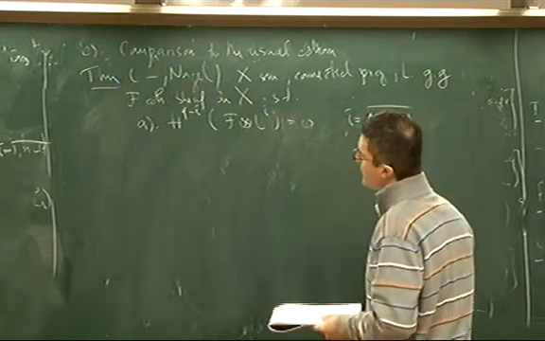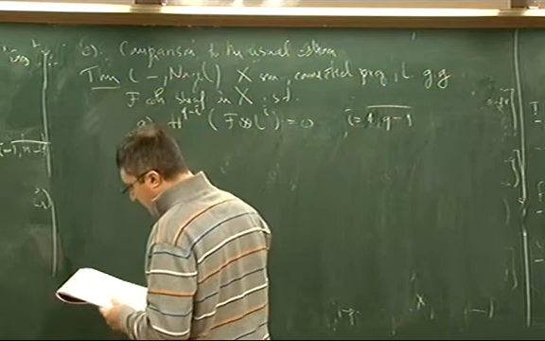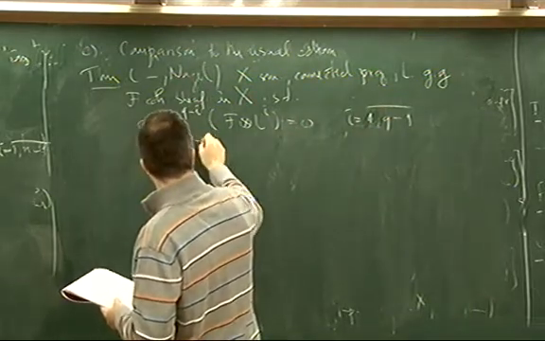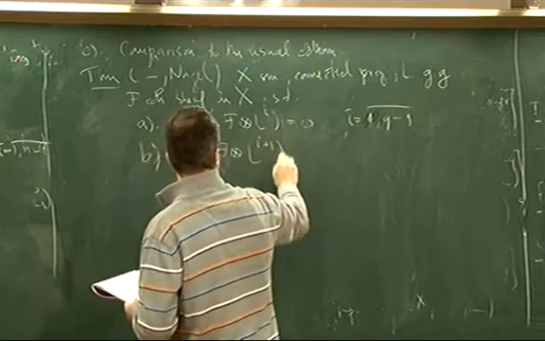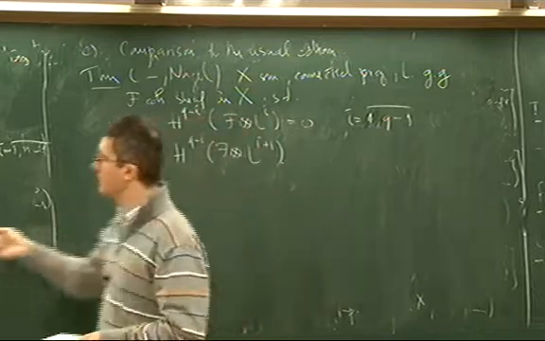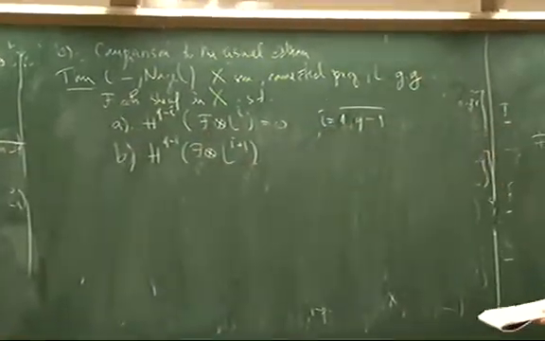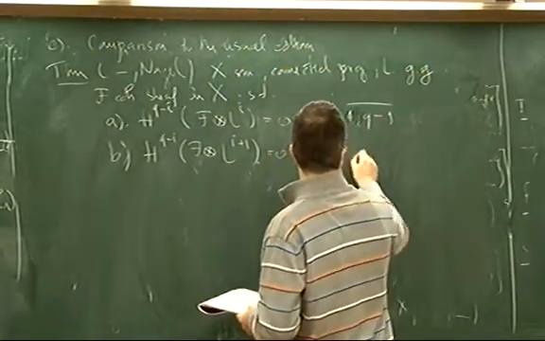Again, these conditions are automatic if L is sufficiently positive. And H^{q-i}(F tensor L^{i+1}) is 0 for i from 0 to q minus 1.